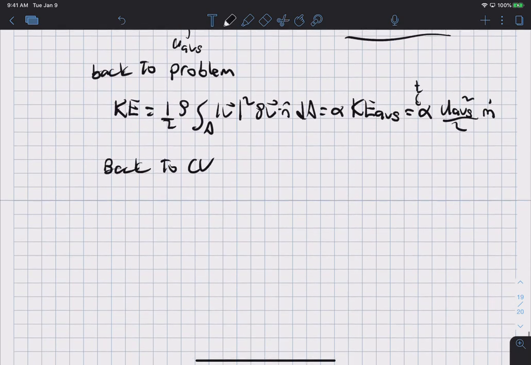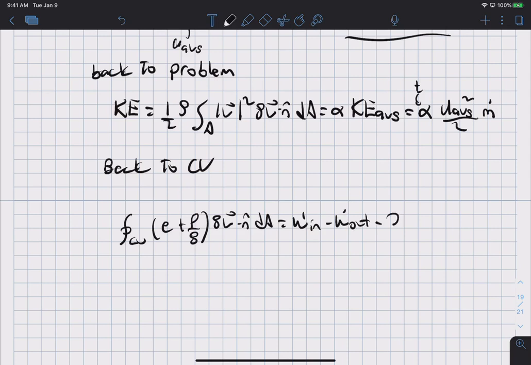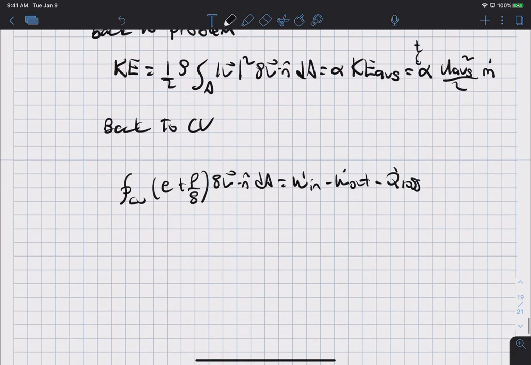With that, we had the integral over the control volume of (E plus P over rho) V dot n hat dA is equal to W dot in minus W dot out minus Q dot loss. Okay, and I'll just draw a quick little cartoon of it.